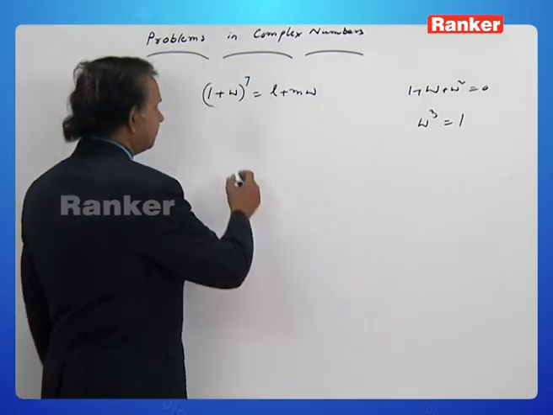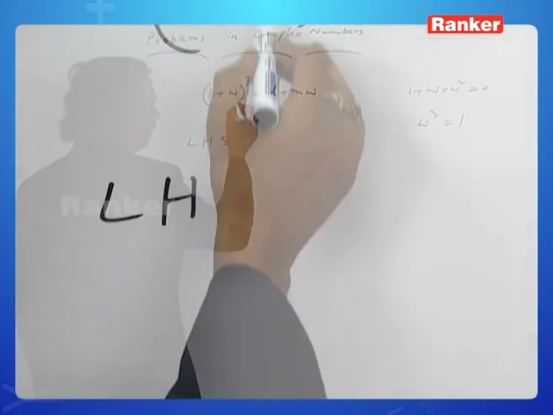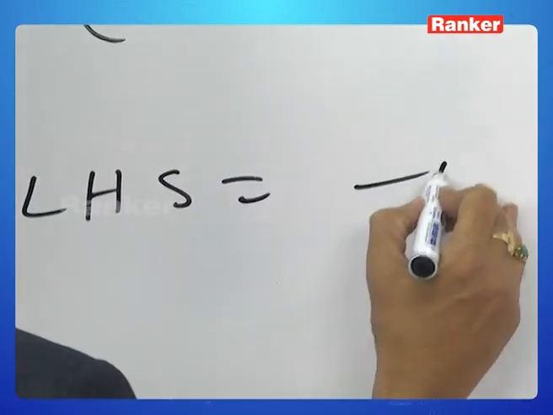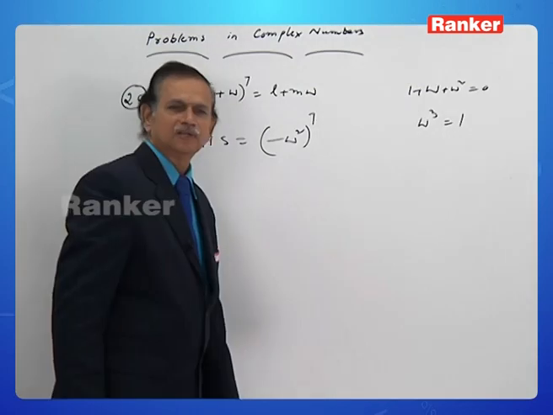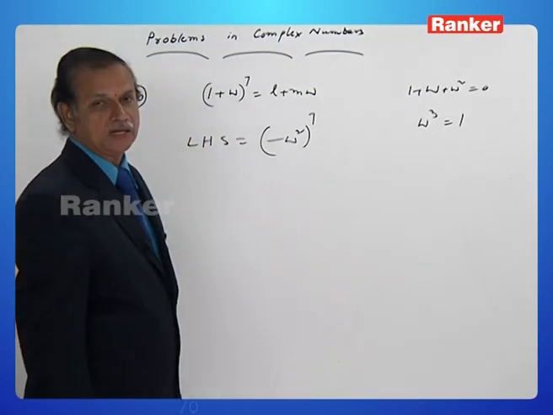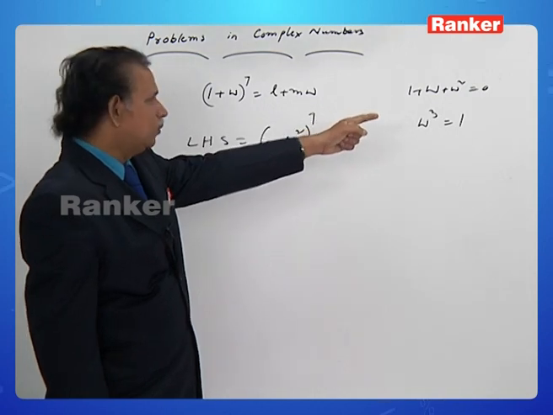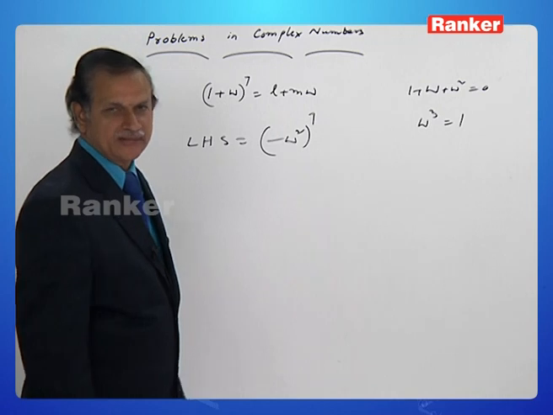Look here. LHS is equal to, in the place of 1 plus omega, can I write minus omega square or not? Of course, minus omega square. Because 1 plus omega plus omega square is 0, we will be able to have 1 plus omega is no doubt minus omega square.